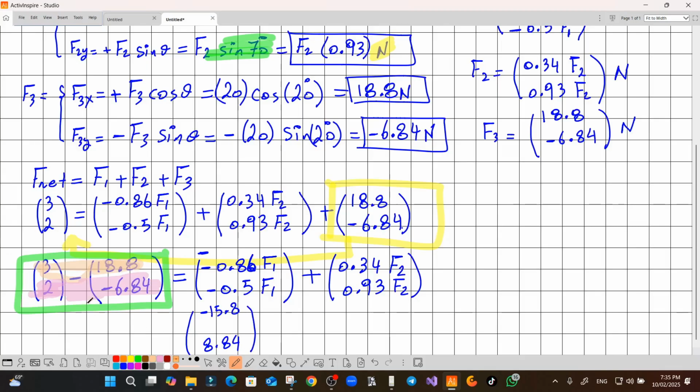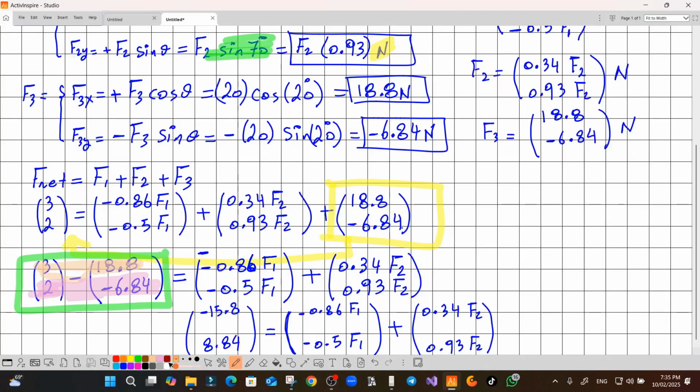You can double check using the calculator, which is equal the same right hand side. Minus 0.86 F1, minus 0.5 F1, plus 0.34 F2, 0.93 F2.